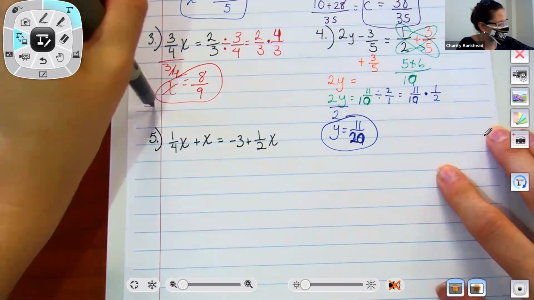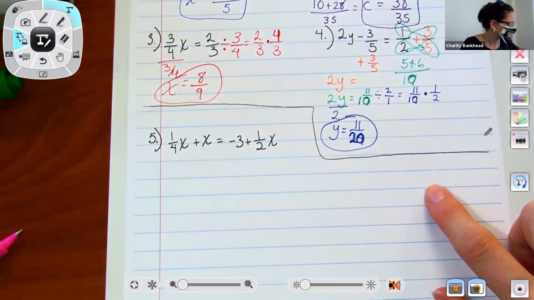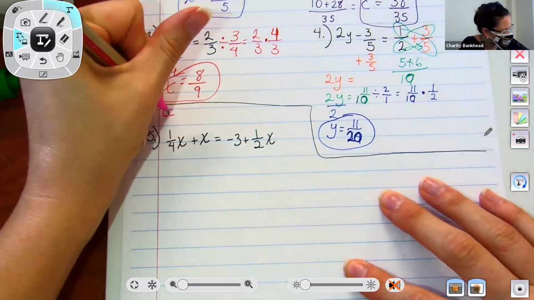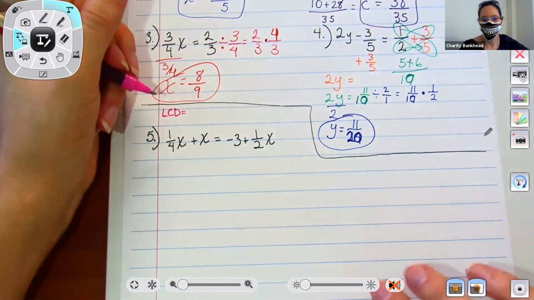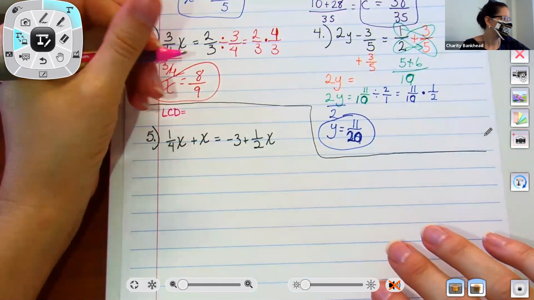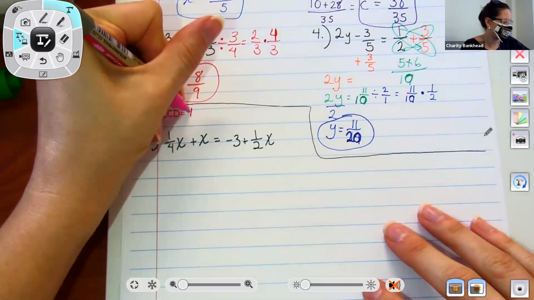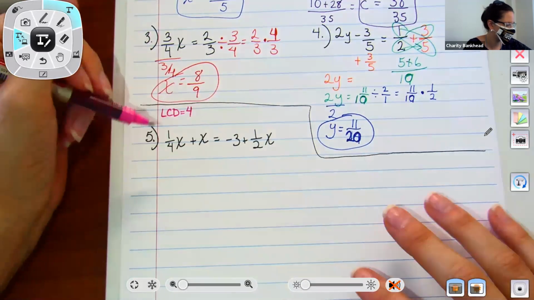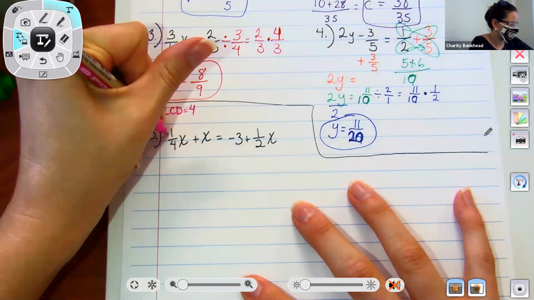So what's the LCD for 1/4 and 1/2? 4. So we need to figure out what we can multiply by all of this so that all the fractions will cancel out. So multiply each term of the equation times 4.